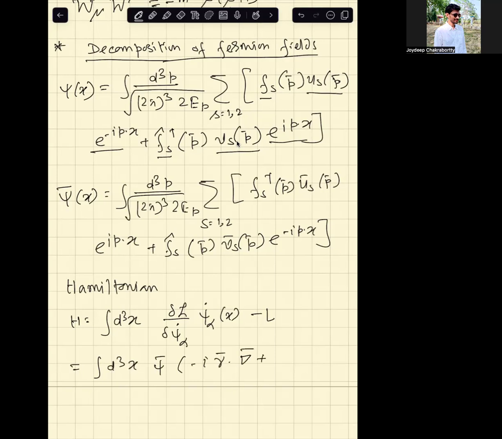Okay, so this is the total Hamiltonian density. You can find it out in this particular form.